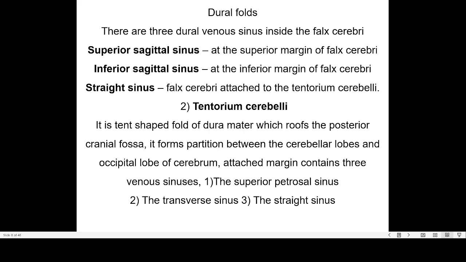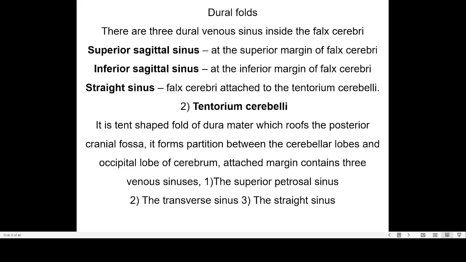The superior sagittal sinus lies at the superior margin of the falx cerebri, the inferior sagittal sinus at the inferior margin, and the straight sinus lies at the connection of the falx cerebri with the tentorium cerebelli. So these are the three important sinuses related to the falx cerebri.